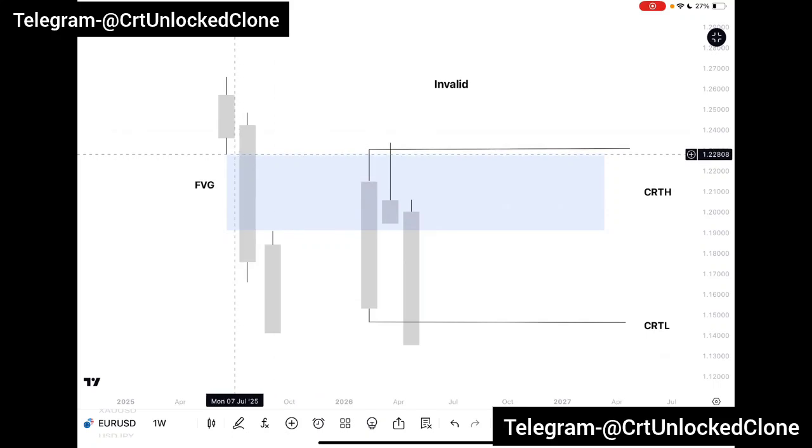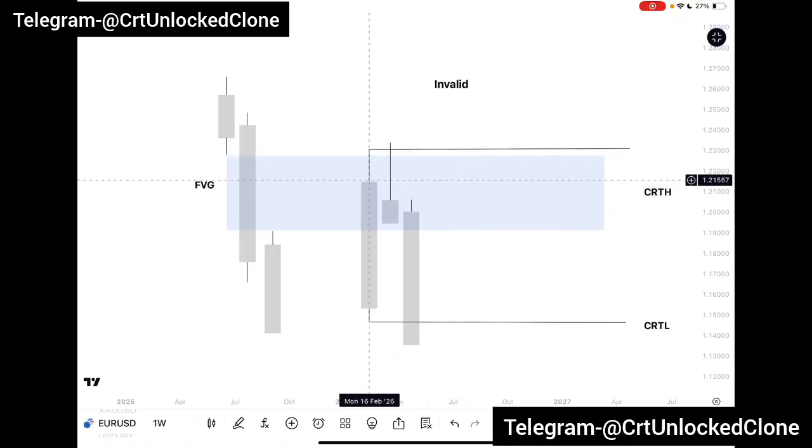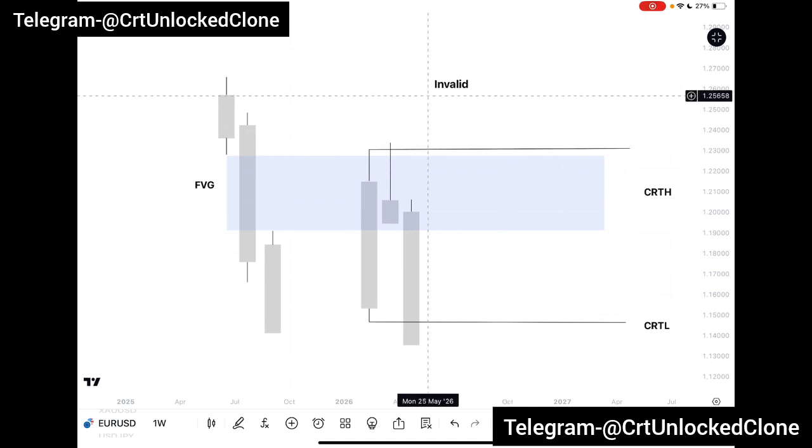Let's see very carefully. The blue color box which I have drawn is only the area of our key level FVG, and the CRT candle has gone outside the key level FVG. Also, the manipulation candle has gone outside our FVG. So now this scenery 2 is an invalid scenery.